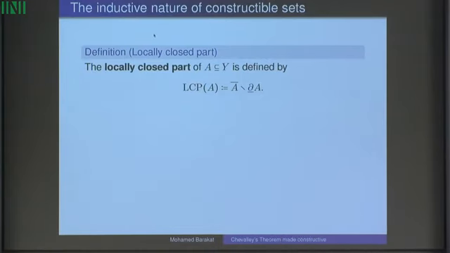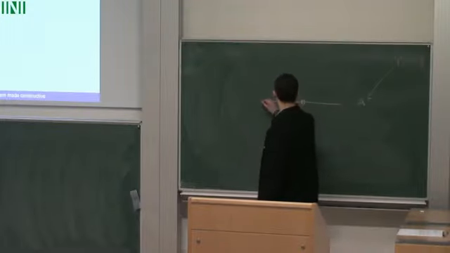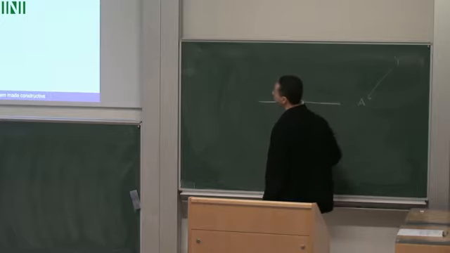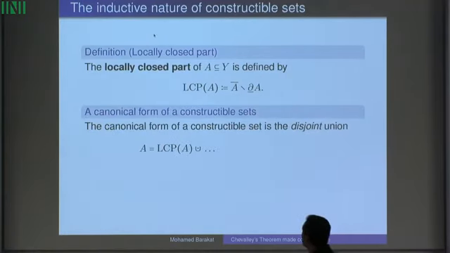If you take the closure of A without the relative boundary, you will recover A again. So this will be the locally closed part of A. And indeed, in this case, A is locally closed. So you get a canonical form for a constructible set as this disjoint union. You start by approximating A by this locally closed part of it.